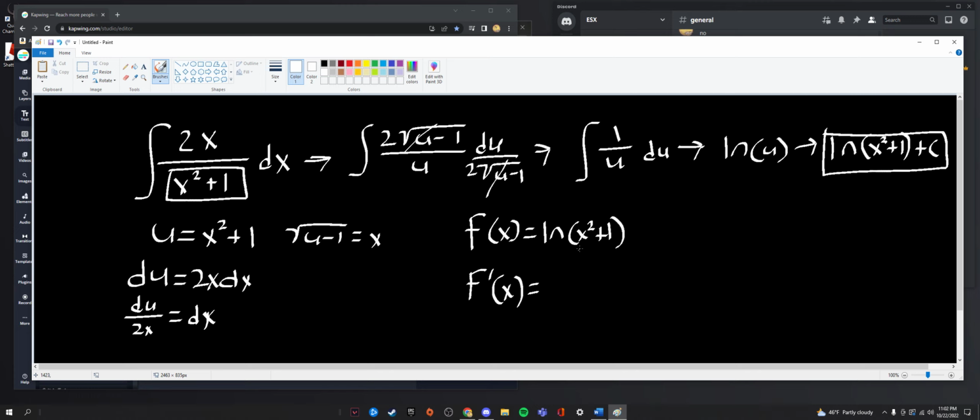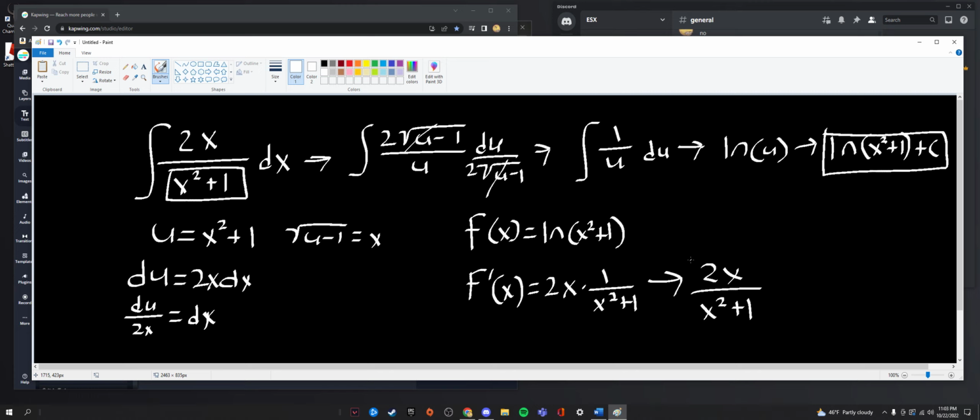So the way we do that is we take the derivative of the inside function, which in this case is just 2x, and we multiply it. So we'll bring it to the outside, 2x times, and then we take the derivative of the whole outside function, leaving the inside the same. In this case, the derivative of ln of something is always just 1 over that something. In this case, that something is x squared plus 1, which, of course, we multiply out.